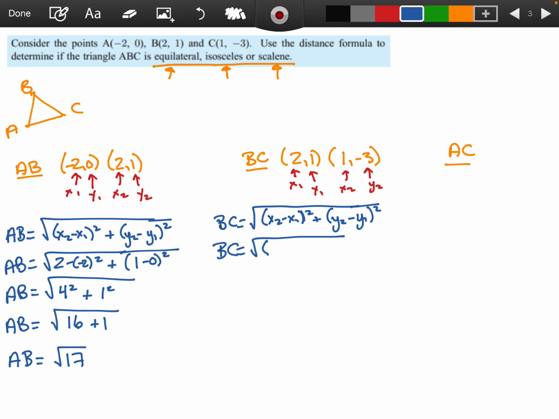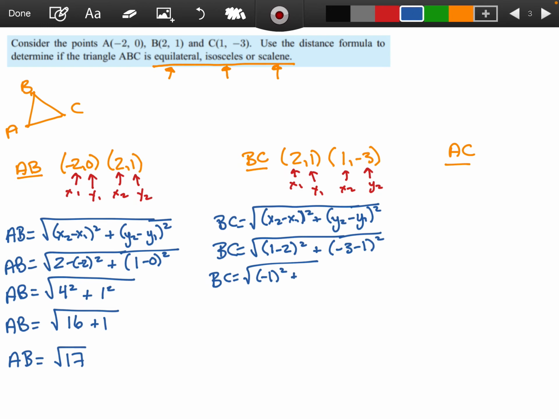Okay, so let's try that again. 1 minus 2 squared plus negative 3 minus 1 squared. That'll teach me to talk while I'm trying to write at the same time. Okay, so 1 minus 2, negative 1 squared. Notice I'm putting the negative in brackets to remind myself that that negative also has to get squared.